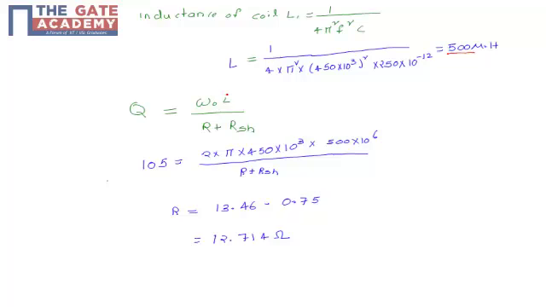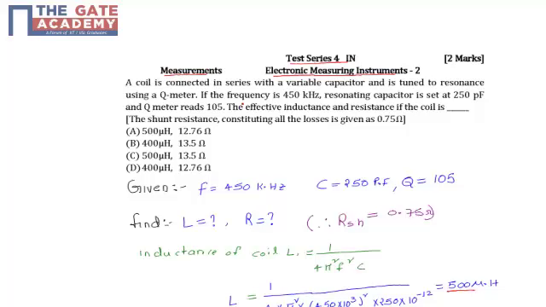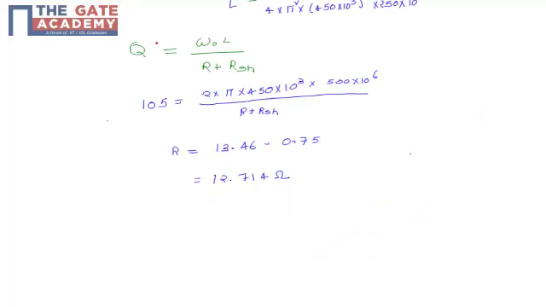So first we calculated the inductance, and then in order to find the resistance of the coil, the shunt resistance, accounting for all the losses, is given as 0.75 ohm.